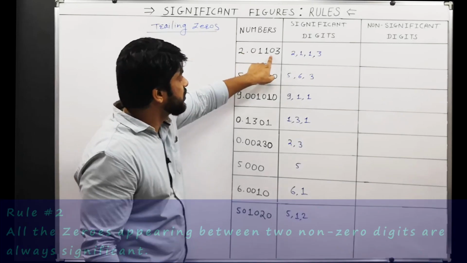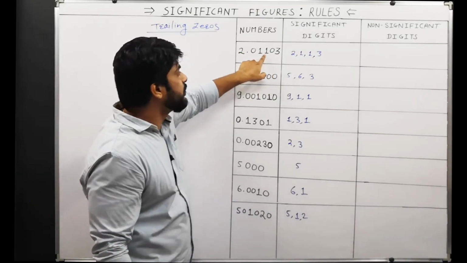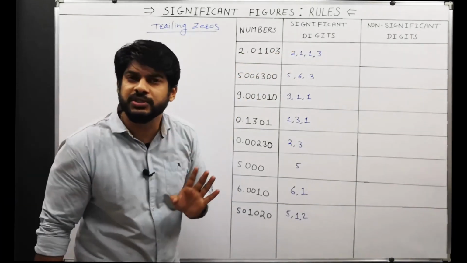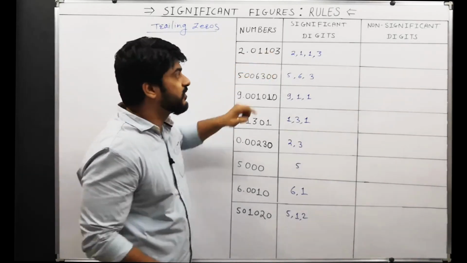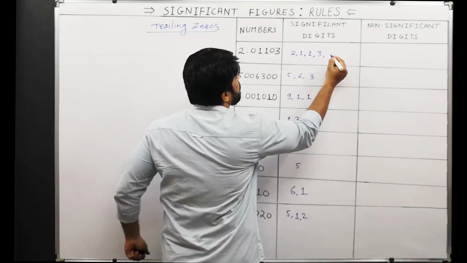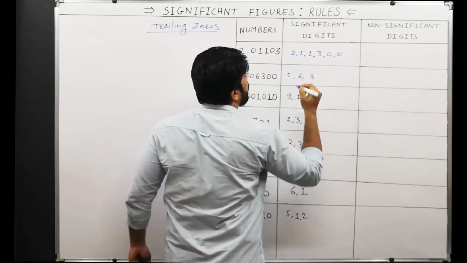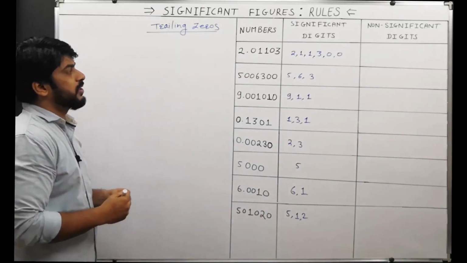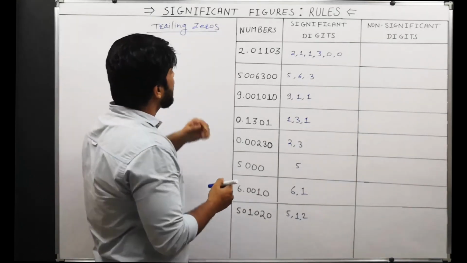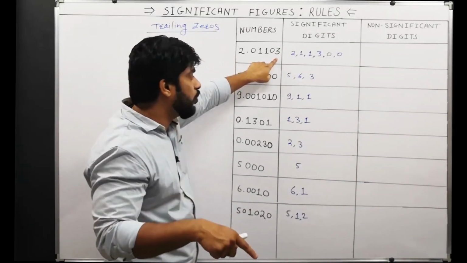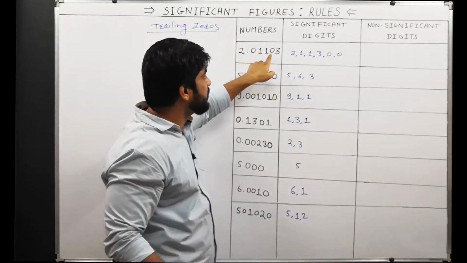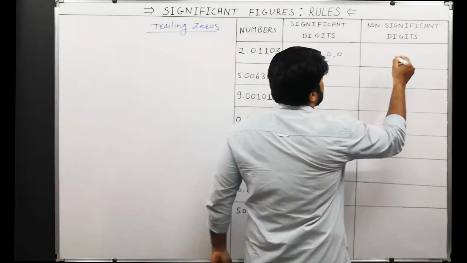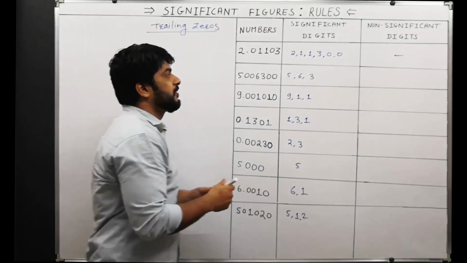This one is again between two non-zero digits. So these two are significant, isn't it? So we can write here 0 and 0. So these are significant. In that way, if you check here, we have noted down all the digits as significant, so there are no insignificant digits over here.